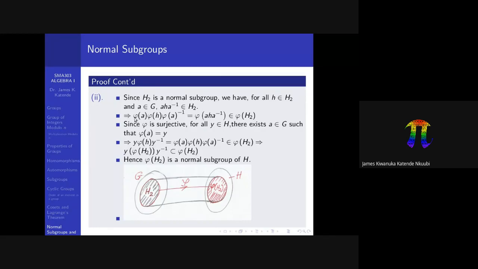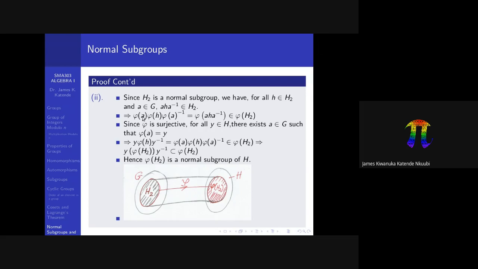Any element in the image of H2 will be written as phi of h. And since the map is surjective, any element in H can be written as an image of an element in G.